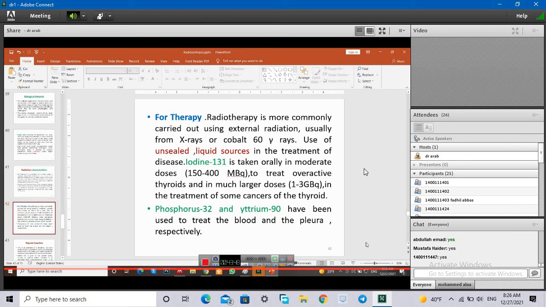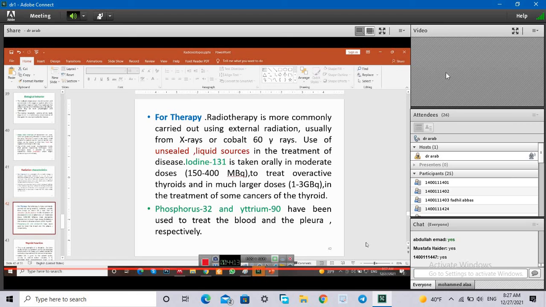For therapy, commonly we use external radiation, usually from X-ray, which is called radiotherapy. But for some organs we can't use external sources, for example, unsealed or liquid forms of some radionuclides used in treatment.